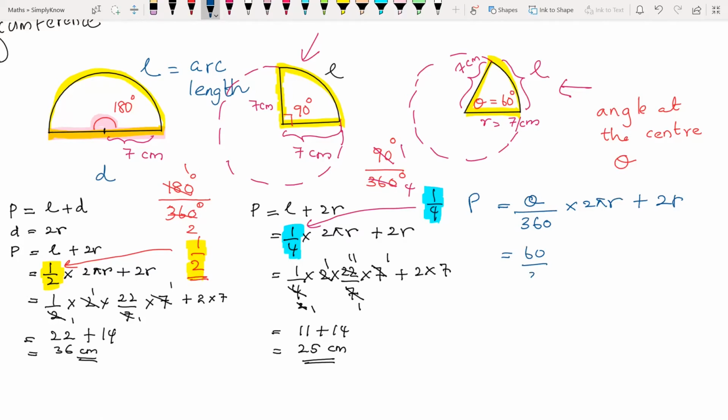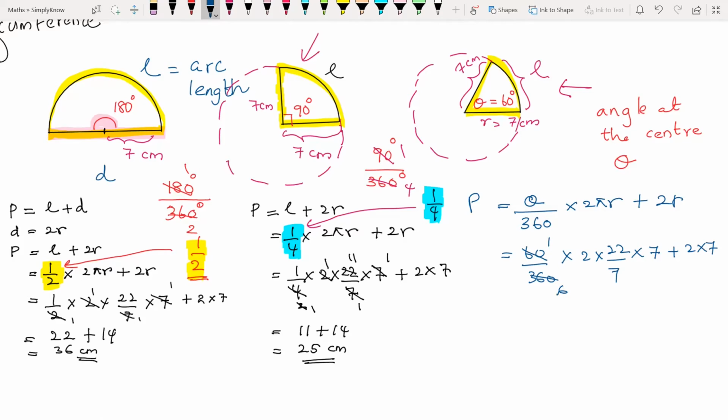60 over 360 times 2, pi value is 22 over 7, times r is 7 centimeters, plus 2 times 7. Now here we know that we get 1 over 6 when we simplify.